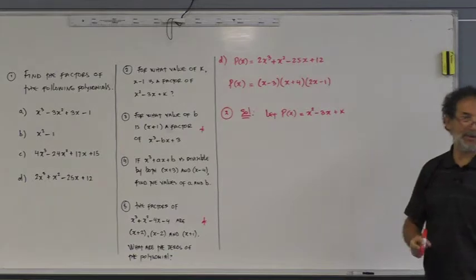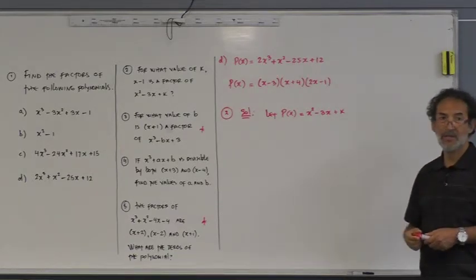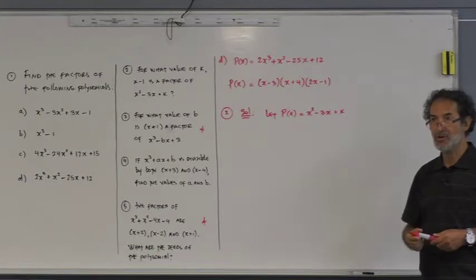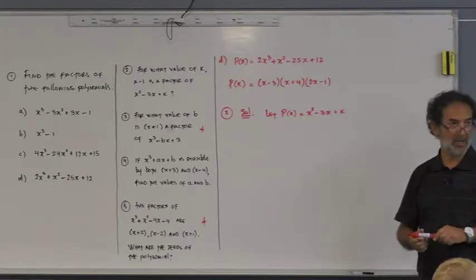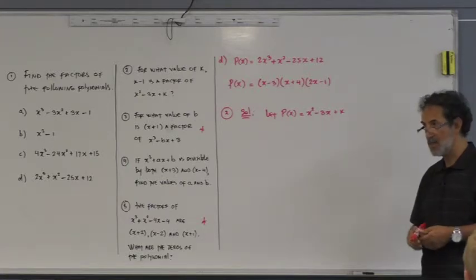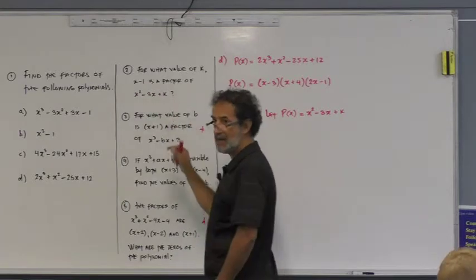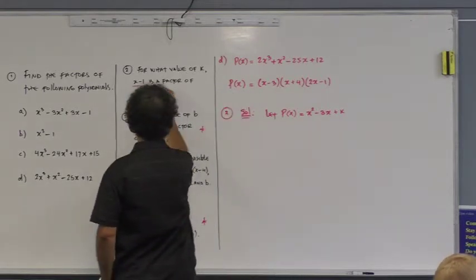Now the question is giving you a lot of information. They say that x minus 1 is a factor. Can you see that the question says x minus 1 is a factor? So I'm going to underline that.